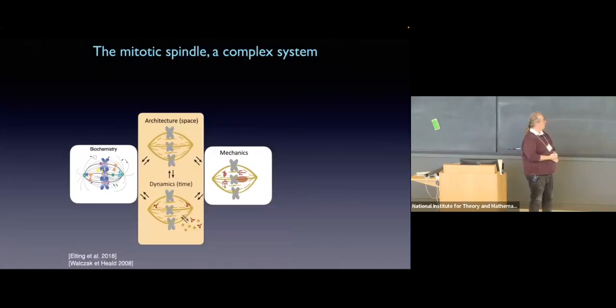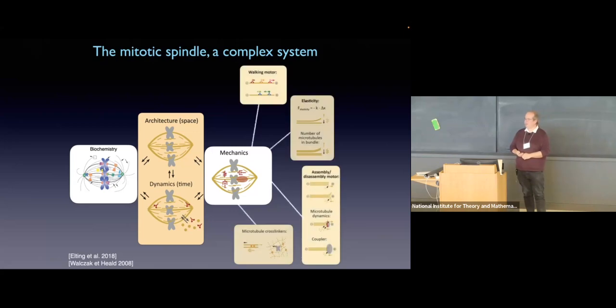So the mitotic spindle, if we think about it, there is a lot of work on the biochemistry of the mitotic spindle. There are aspects of structure, but what we will be interested in today is really the dynamics and the mechanics. And these aspects have many folds. There is the molecular motor, whose activity depends on the load that resists their action.